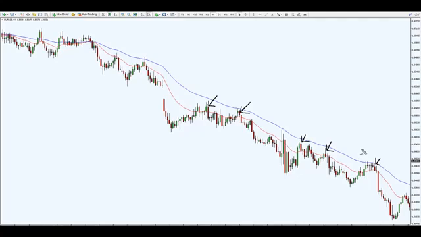There will be winners and losers no matter what your trading strategy is. So don't be misled by the chart I'm showing you right now. The reason it seems to work really well is because we are in a clear downtrend. When you have a very clear downtrend, no matter what entries you use, chances are it's going to make you money as well.